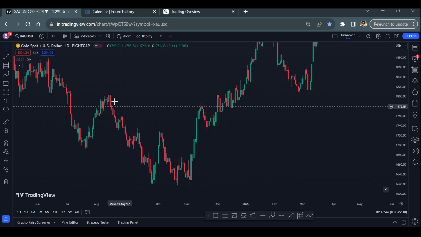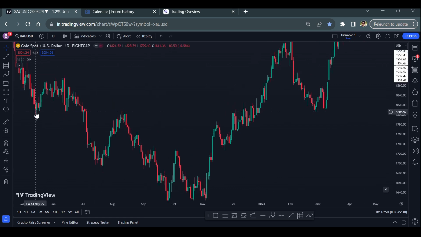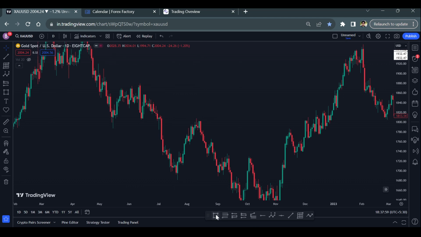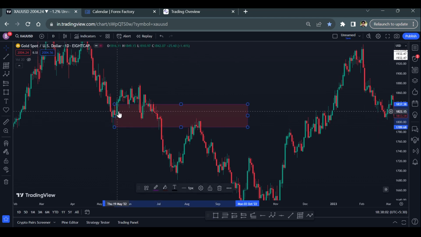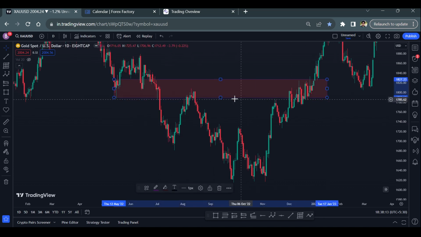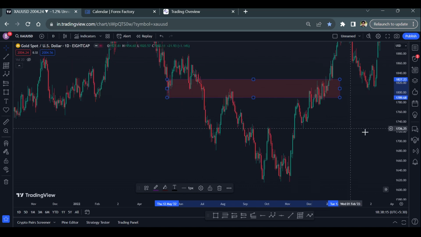So this zone, if you see, this low was broken, and then one more time when it came here, if you mark this area, it tried to retest this zone and went down, but when one more time it came, it was broken.